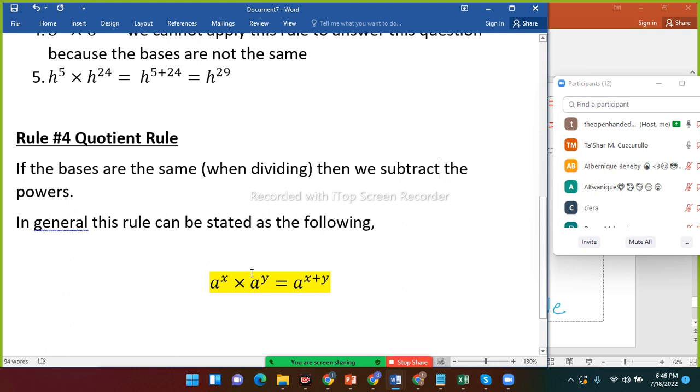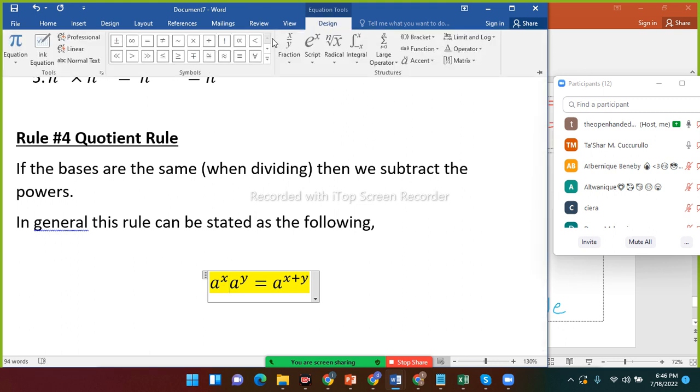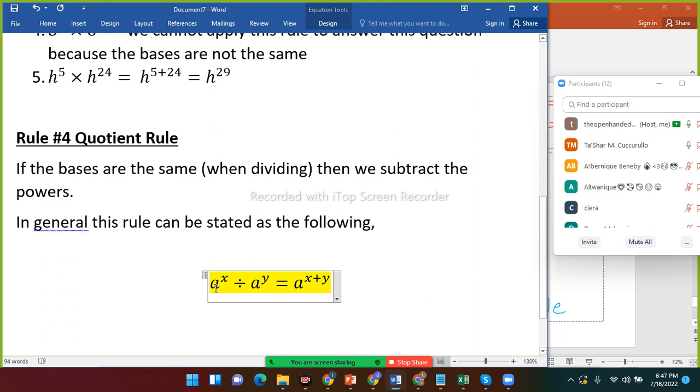So in general, this rule can be stated as: if we have a to the x divided by a to the y, that's going to be equal to a to the x minus y.